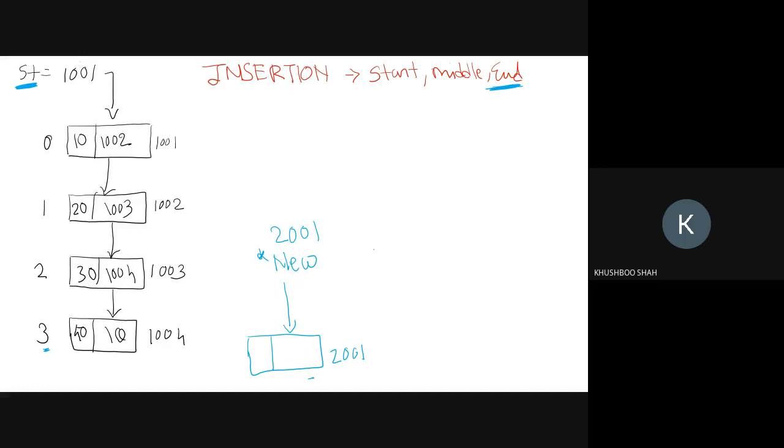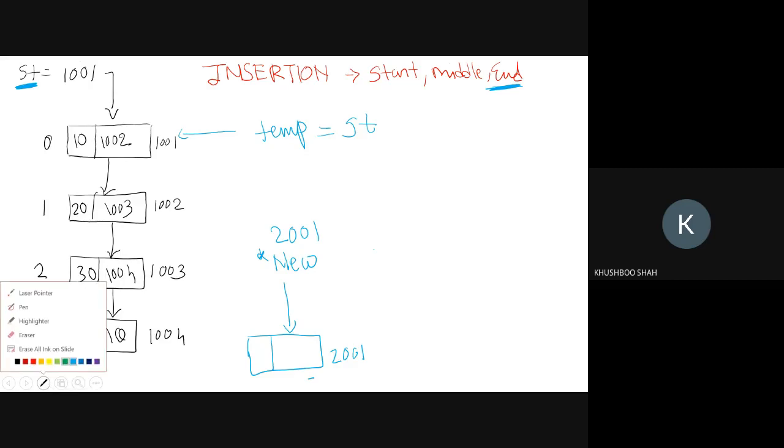Now what I need to do, I'll need one temp variable. So first I'll assign the st value to the temp. So my temp will point to this. Now every time I have to check, what I have to check?